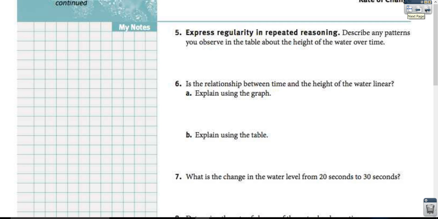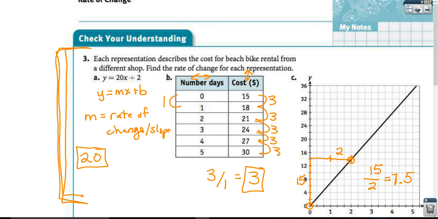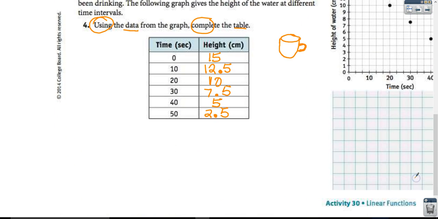Describe any patterns you observe in the table about the height of the water over time. All right, let's go back to this table. If we look at it, we see that we're going up by 10 seconds each time. Okay, and then on this side, 15 minus 2.5, that's going to give me 3.5, I believe.